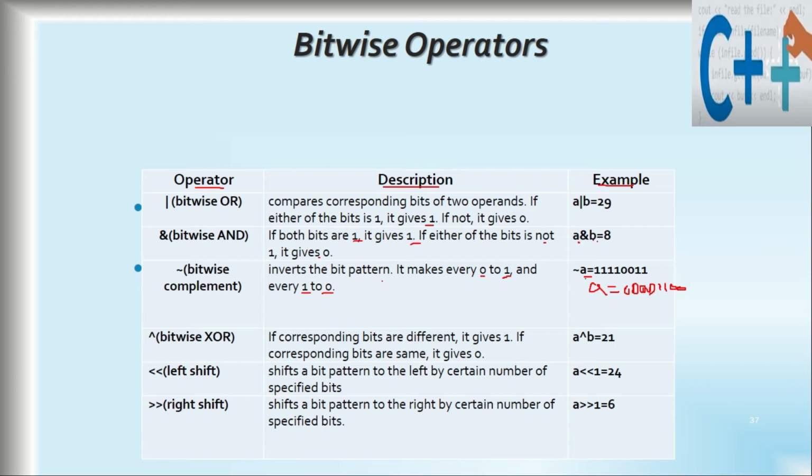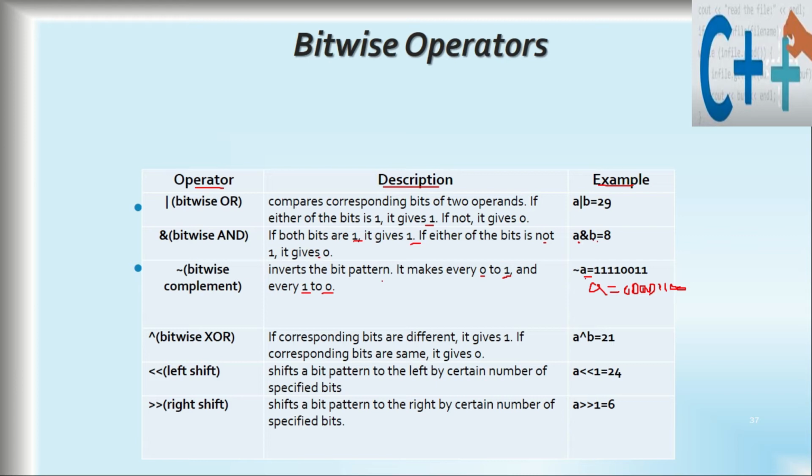Bitwise XOR: if corresponding bits are different, it gives 1. If corresponding bits are the same, it gives 0. It compares each corresponding bit value. For example, 1 and 1 gives 0, and 1 and 0 gives 1.